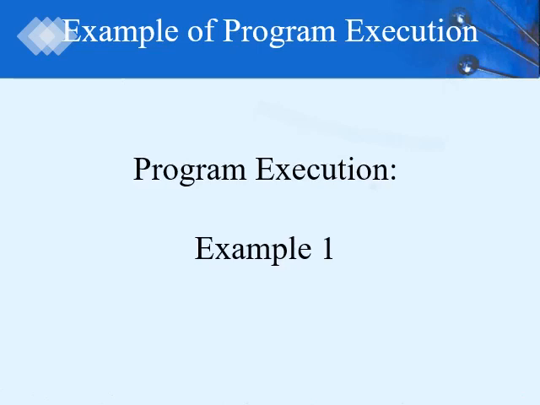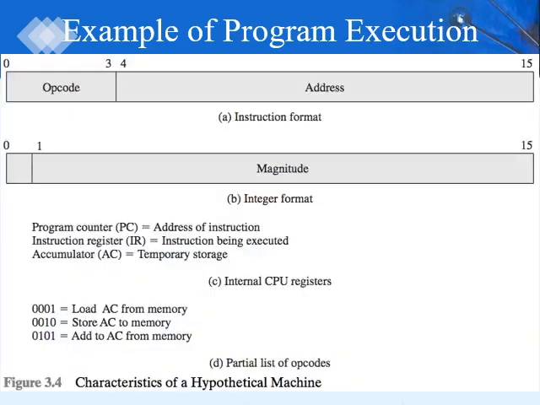So let's test our knowledge to see if we actually understand the slides before this. Look at the example. This is the characteristic of a hypothetical machine. We have the instruction format with 4 bits of opcode, and then the address is 8 bits. We have the integer format, sign and magnitude, and then we have the registers.